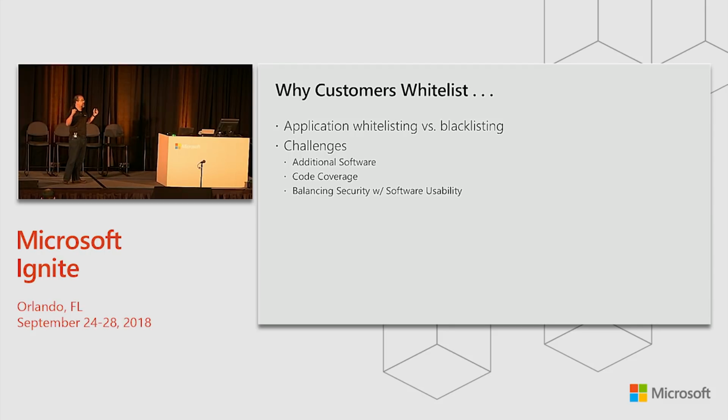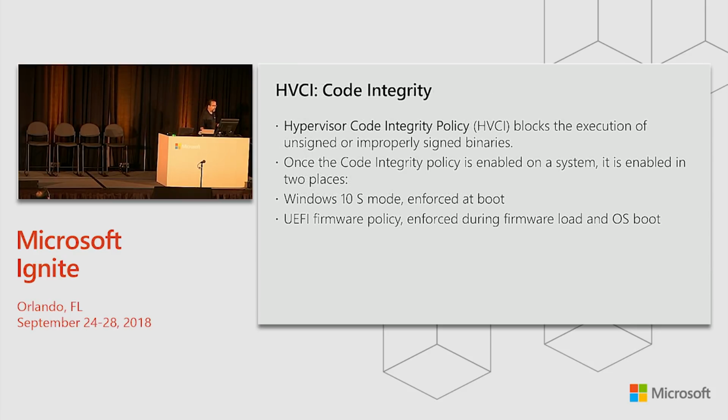So whitelisting is the end goal for a lot of our customers. Challenges, though, that come with that is additional software, code coverage, and again, balancing that security with usability. So what does Windows 10 and S-mode do to facilitate our whitelisting scenarios?